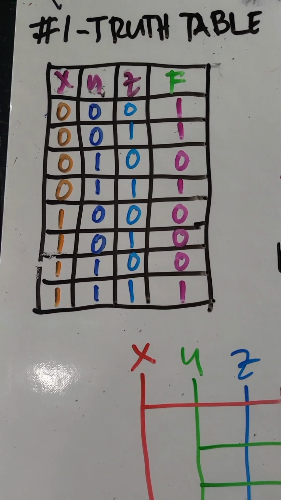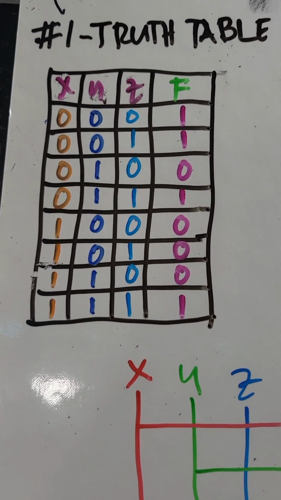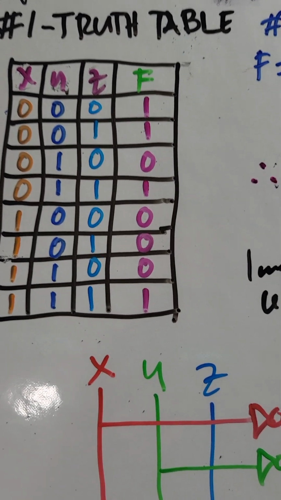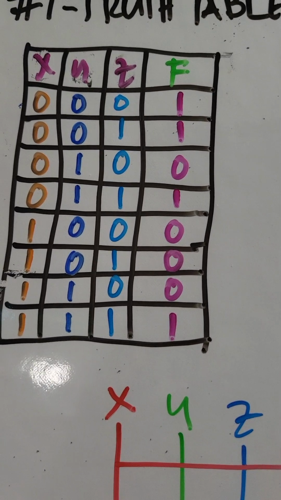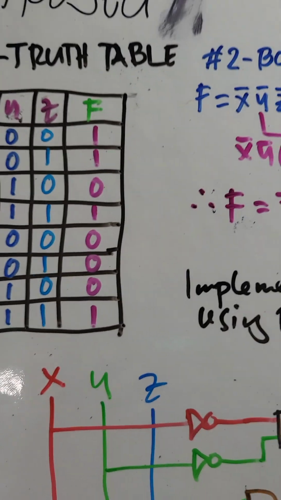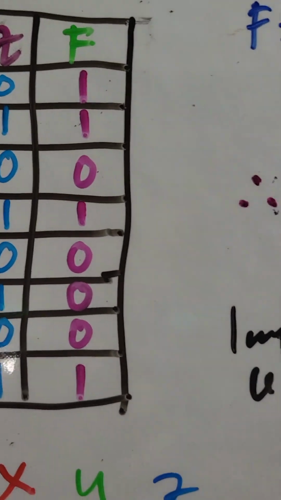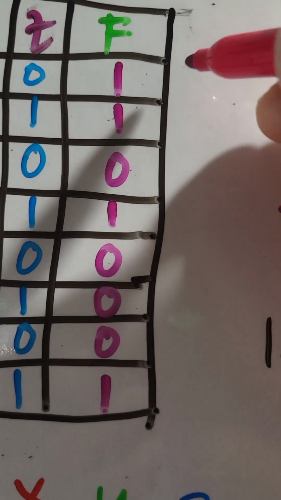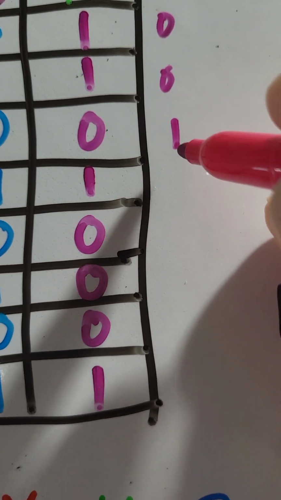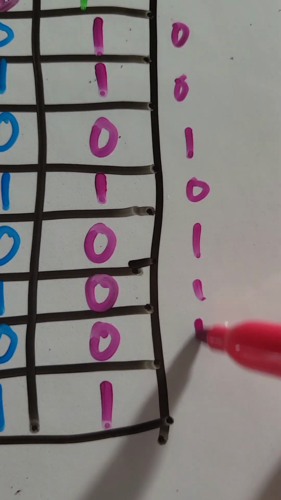As I promised you guys in our last video, we will make another logic design that will reverse or invert our output. Before, in our previous design, we had the output 0 0 1 0 1 1 1 0.